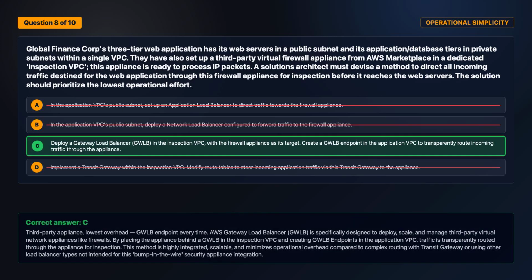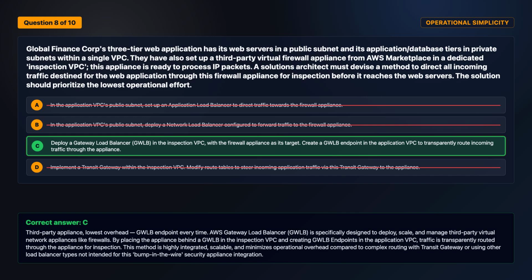The correct answer is option C. Third-party appliance, lowest overhead, GWLB endpoint every time. AWS Gateway Load Balancer, GWLB, is specifically designed to deploy, scale, and manage third-party virtual network appliances like firewalls.